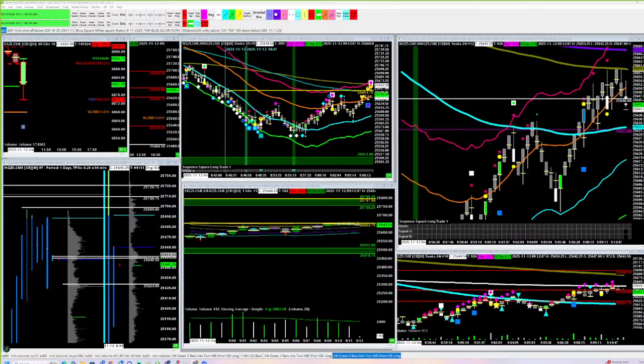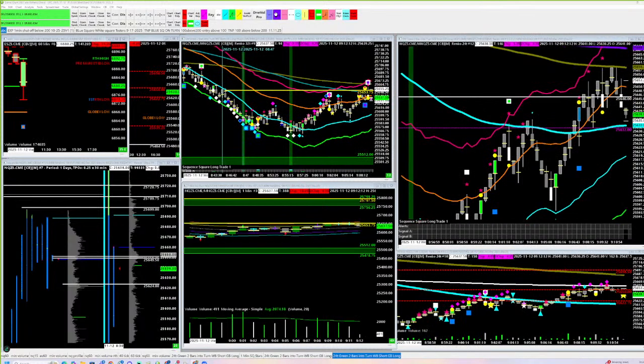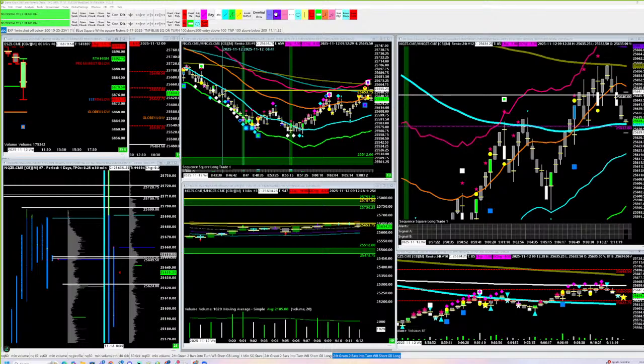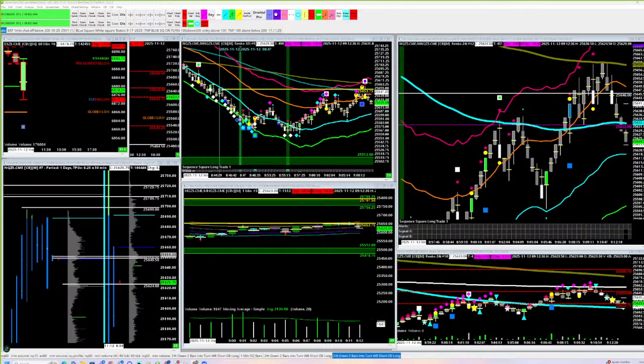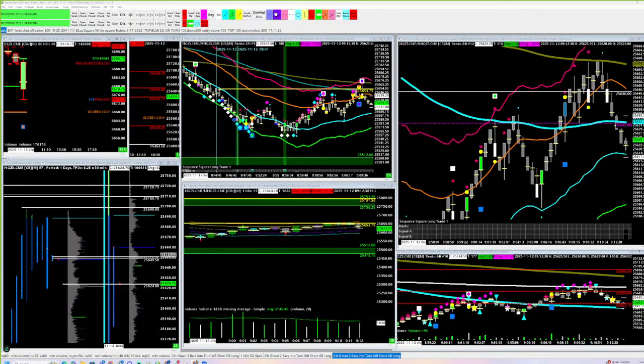Who wins this little battle? Shorts win round one, but they got chopped and stopped out there.